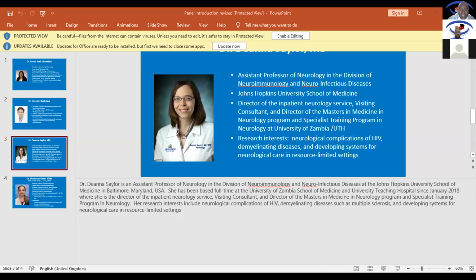Please just click slide share on your PowerPoint. Just give me a minute. Your screen is not yet shared. Could you please share your screen? Oh, sorry, the slides.